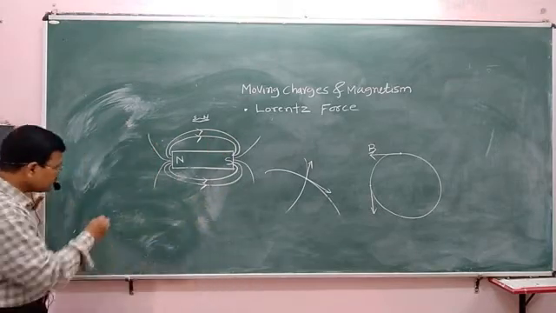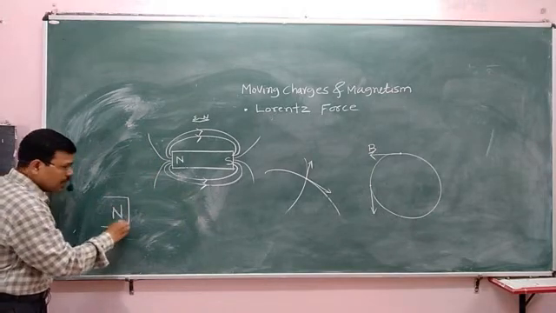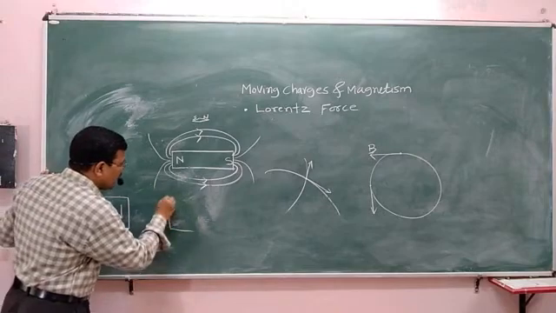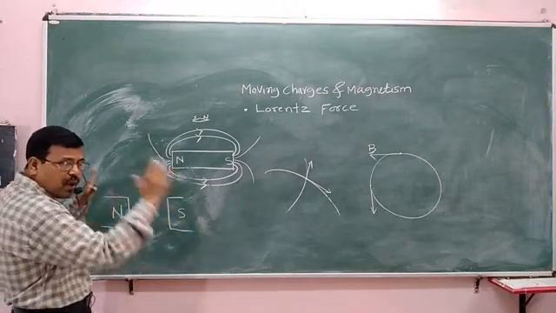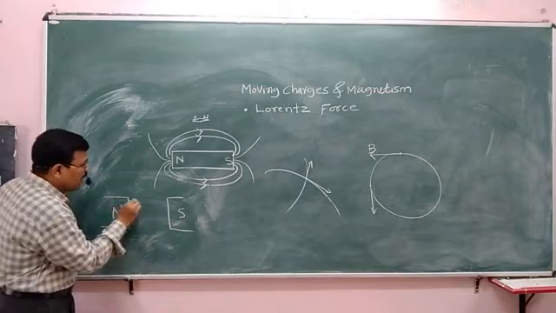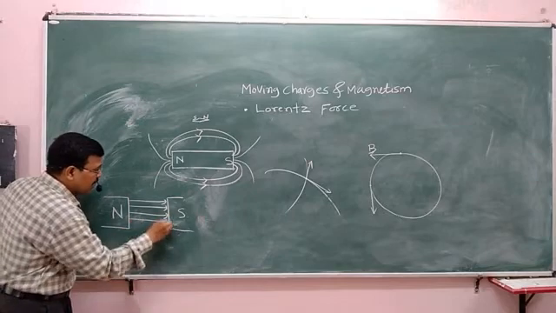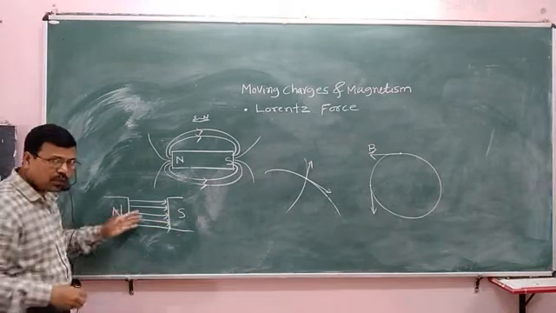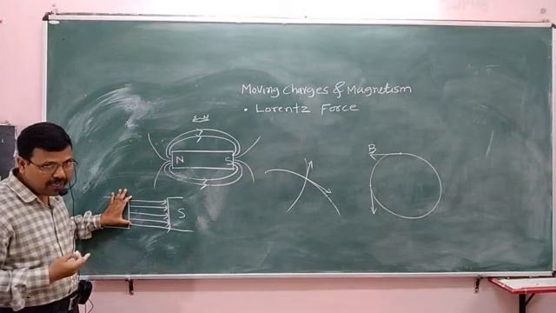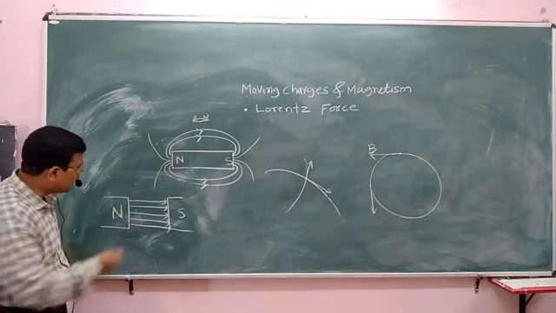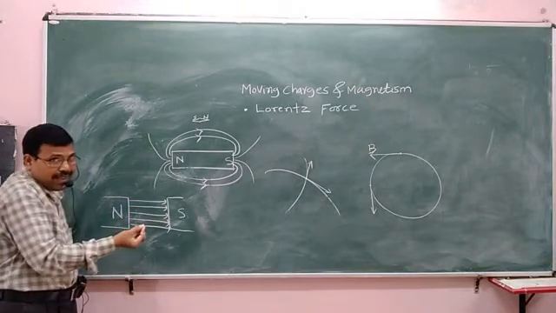If you consider a horseshoe magnet, north pole here, south pole here. These are the two ends of a horseshoe magnet, and here the magnetic field lines run from north to south. This region is a uniform magnetic field where the strength of magnetic field at every point is the same.